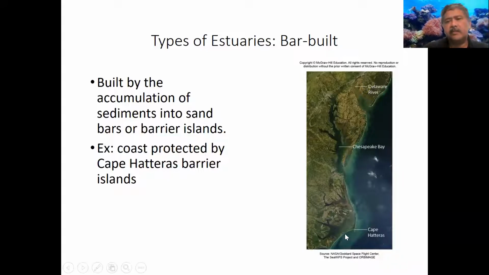North Carolina is known for their barrier islands. And then on the insides of the barrier islands, between the island itself and the mainland, that's where you see these types of estuaries, these bar-built types of estuaries.